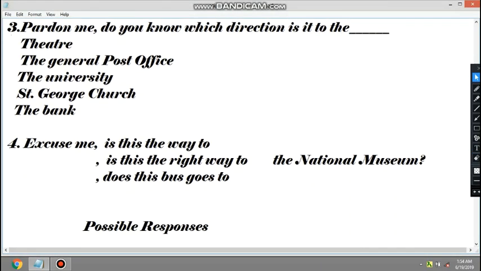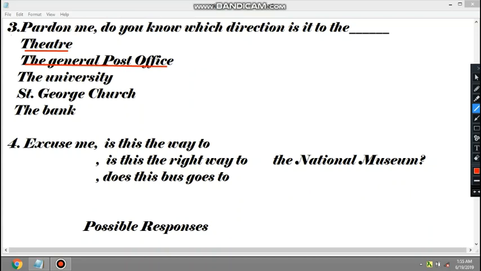Pardon me, another polite expression: do you know which direction is it to the theater? If others know the direction to the theater or not. Do you know which direction is it to the general post office? In the dash you can put this one. So you are asking a direction.